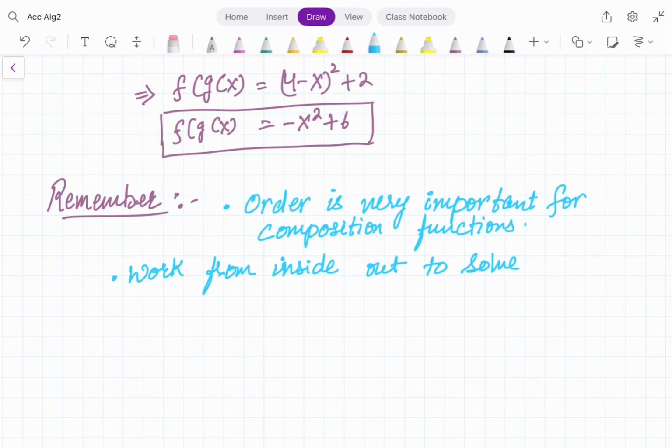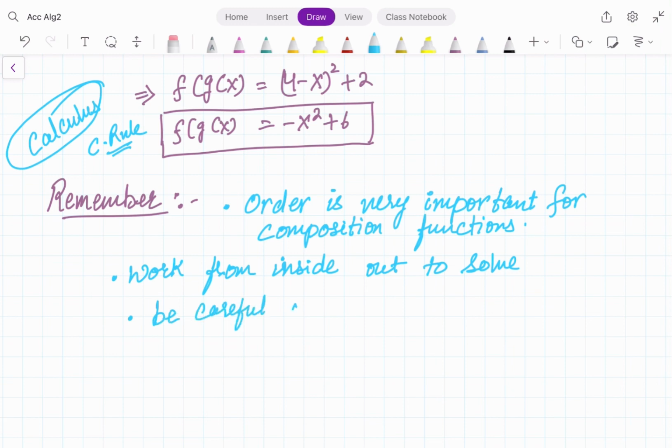This is extremely important even from the calculus point of view, because when calculating a derivative, in the chain rule we apply the same rule, working from inside to outside to find the derivative.